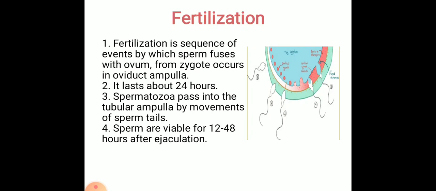Third, spermatozoa pass into the tubular ampulla by movements of the sperm tail. We have already discussed how the sperm moves: the movement takes place with the help of the tail. From the tail region only the spermatozoa can move.